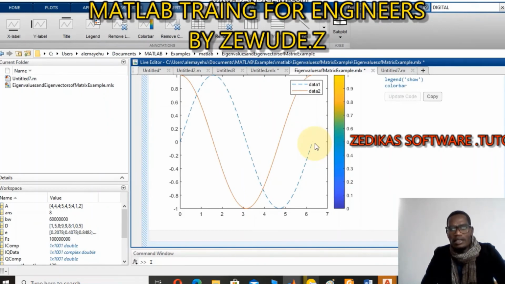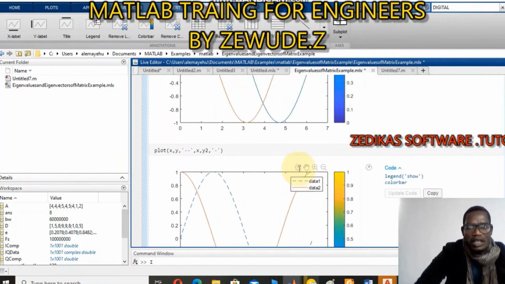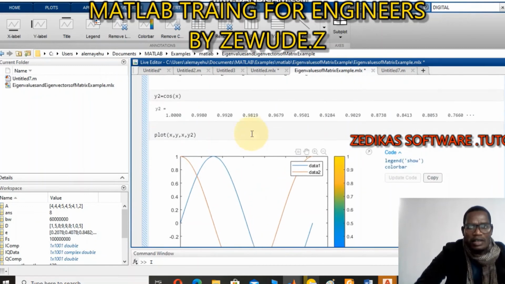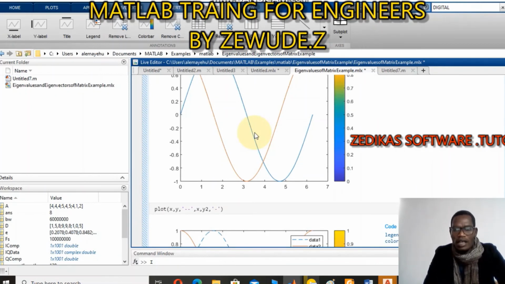In electrical engineering, especially the control stream has a high linkage with this MATLAB calculation. Calculating every value in mathematics, especially a 4 by 4 matrix, in a manual way is very tedious and boring.